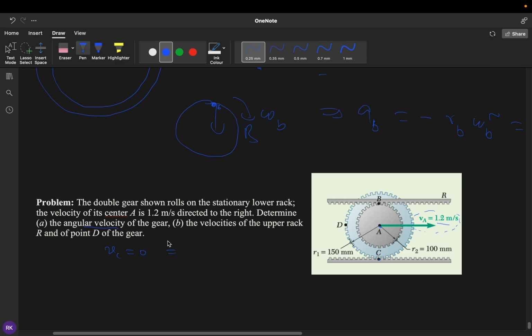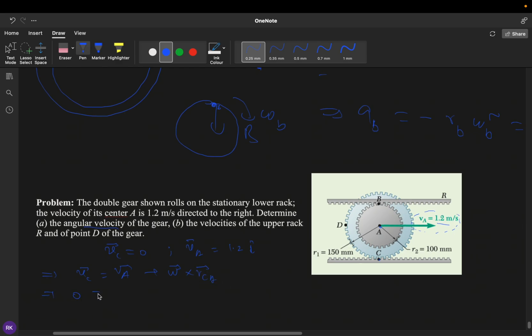There is one more data, VA is equal to 1.2 I cap. Now substitute in this equation: VC equals VA plus omega cross RCA.